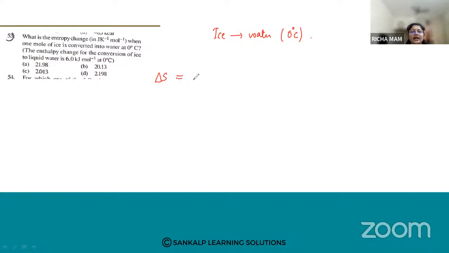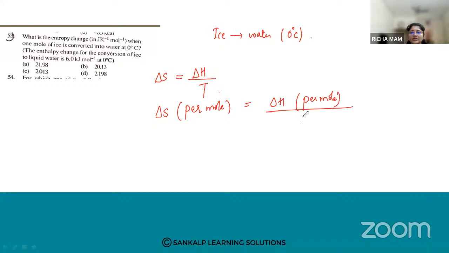So we know that entropy change is equal to change in enthalpy upon temperature. They have asked per mole, so entropy change per mole is equal to enthalpy change per mole upon the temperature. The change in enthalpy is given as 6 kilojoules per mole, so it is 6,000 joules; we have converted kilojoules to joules.